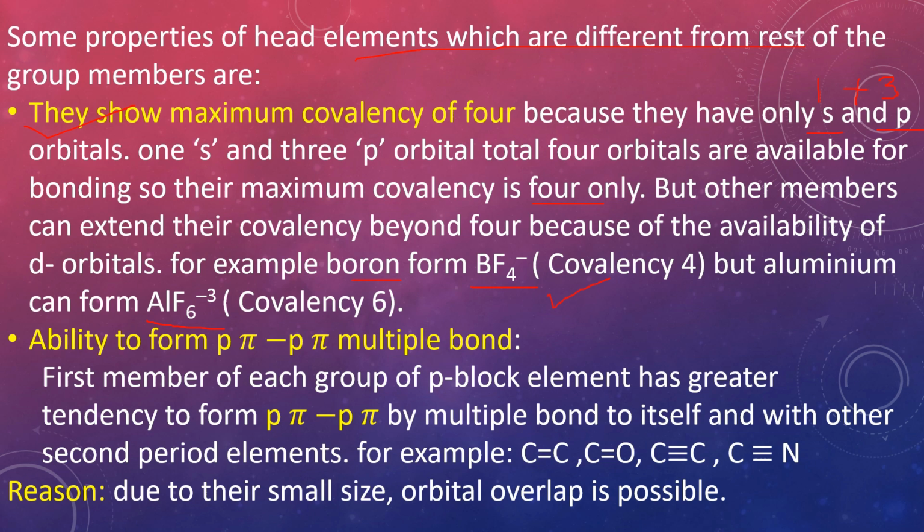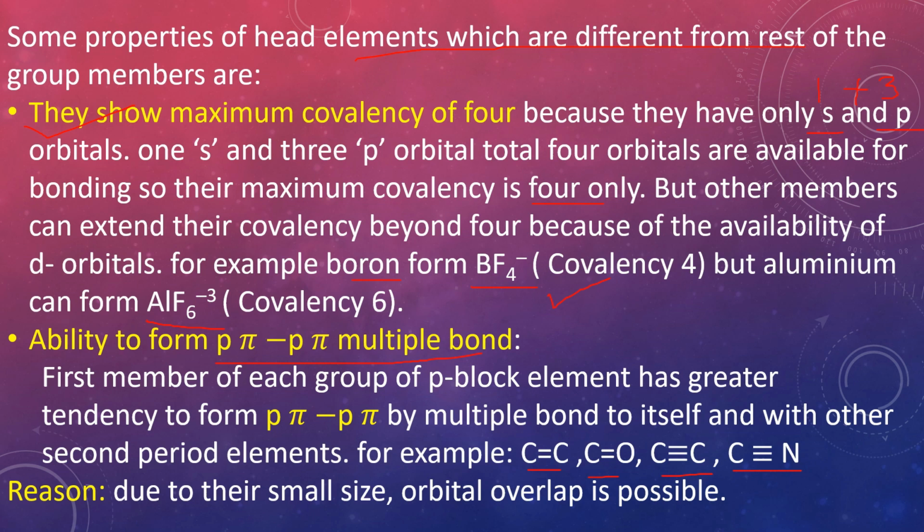Now the second difference is that the head element, that is the second period element, can form p-pi multiple bonds by themselves or with other elements of the particular group. For example, carbon forms bonds with carbon, C double bond C, C double bond O, C triple bond C, C triple bond N. Now what is the reason for this?